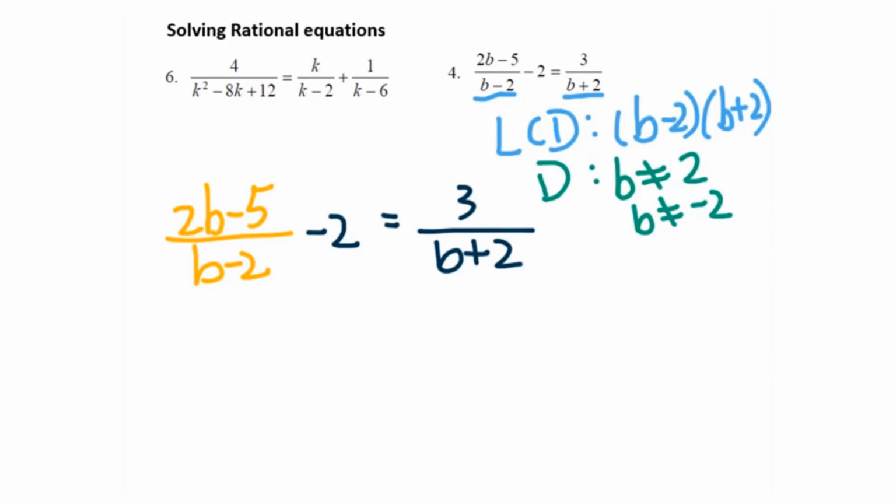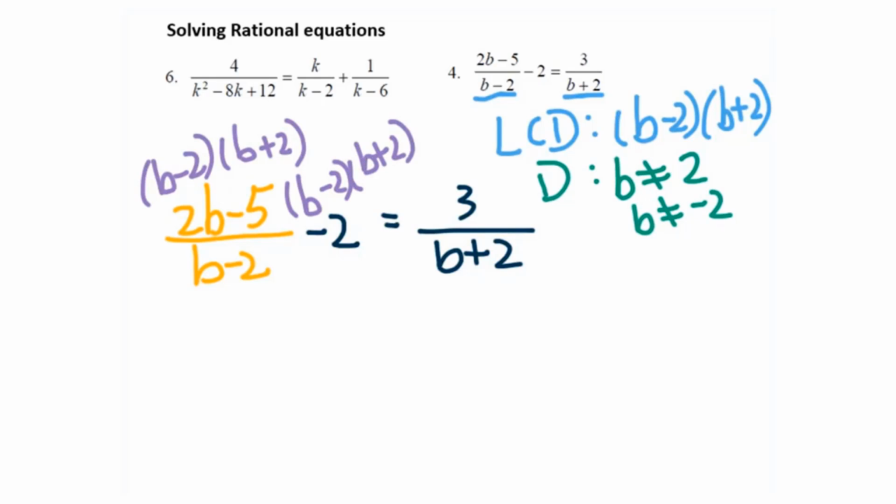So each term you need to multiply by b minus 2 times b plus 2. So I will do that. b minus 2 times b plus 2. b minus 2 times b plus 2. b minus 2 times b plus 2. Then reduce b minus 2, b minus 2. b plus 2, b plus 2.